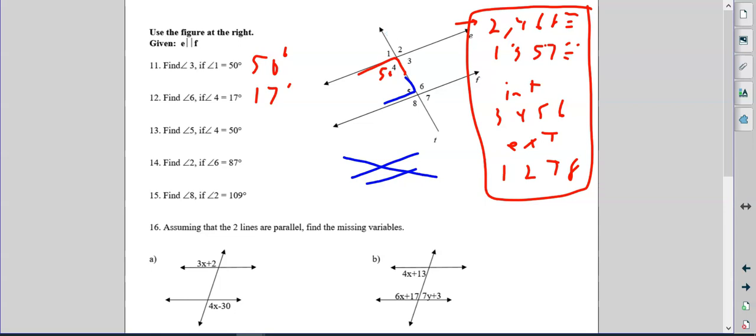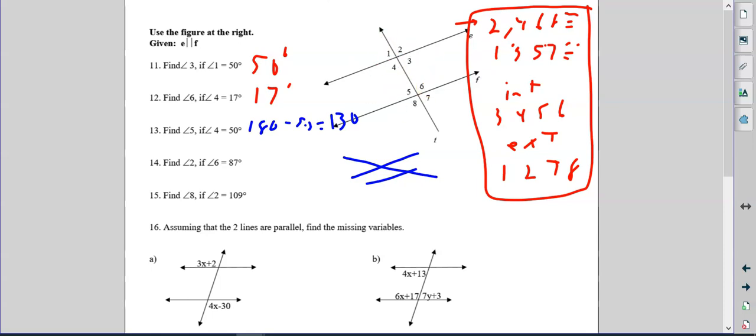Therefore, angle 5 is going to be 180 minus 50, which is 30 degrees. I'm sorry, I can't do subtraction. Math is hard sometimes. Equals 130 degrees. Those two add up to 180. They are supplementary. They are not equal.